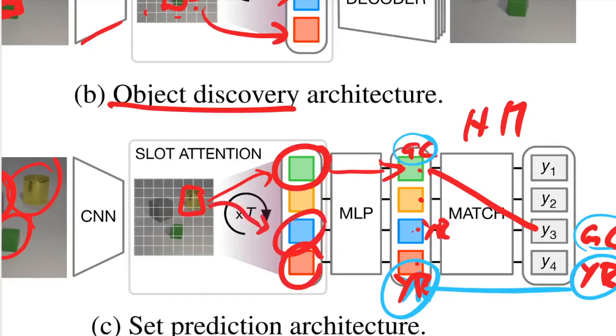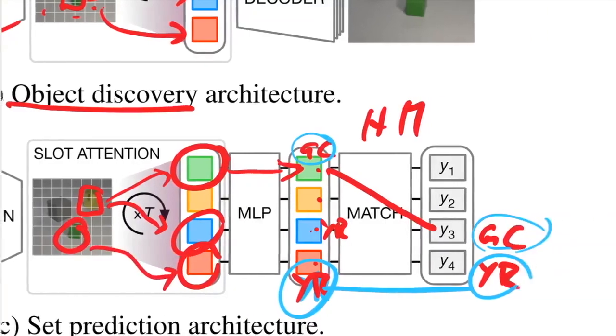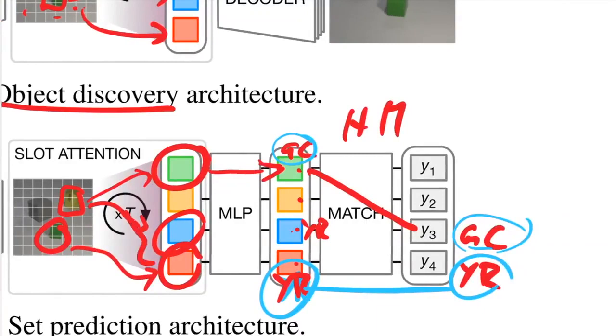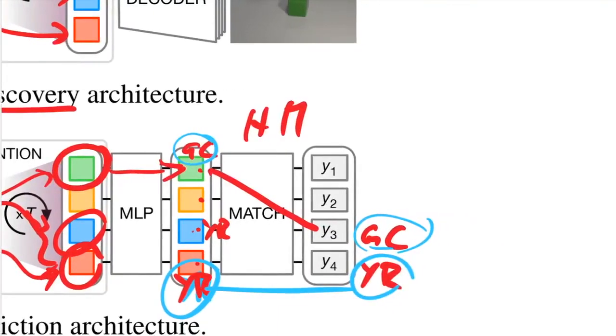This one correctly, and this one was assigned this object and incorrectly predicts a yellow rectangle. Oh, sorry, other way around. This one incorrectly predicts a yellow rectangle, where there's no second yellow rectangle in our label set, there's only maybe this green cube. Then this will be a mistake because it can't be matched. It will be matched to the one where it has the least loss, but it will be matched to something that's not a yellow rectangle, and therefore that's going to be a mistake.